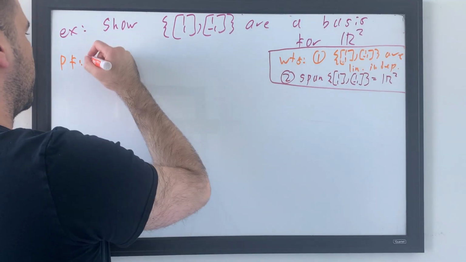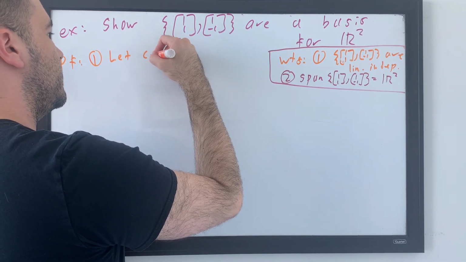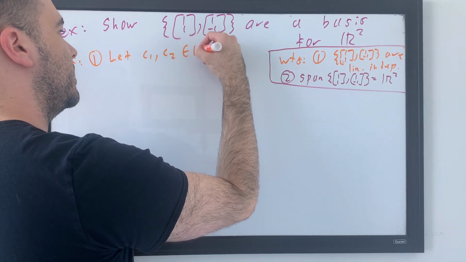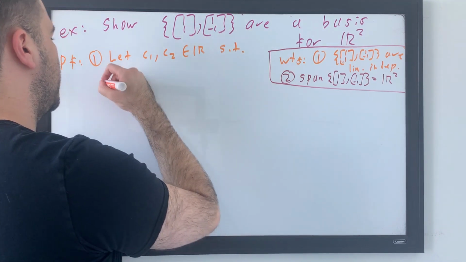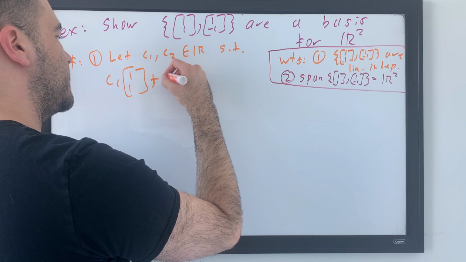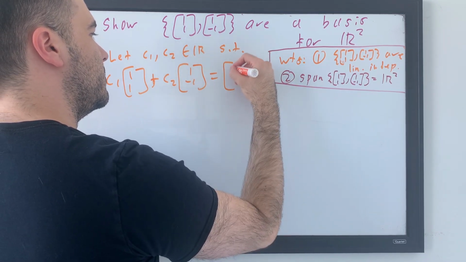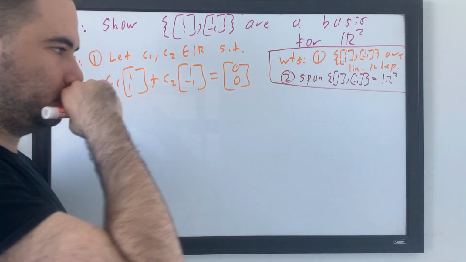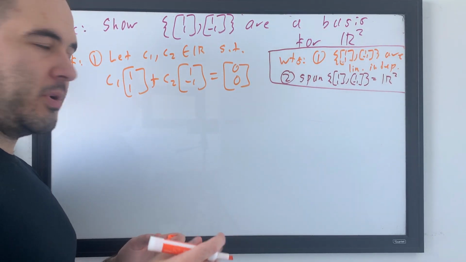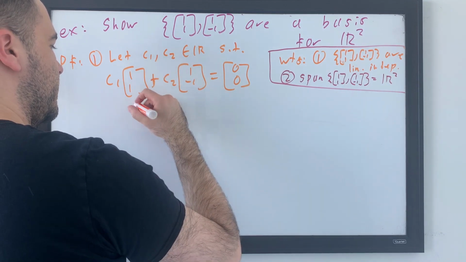So proof. We're going to prove the first one. So we're going to say let C1, C2 be real numbers such that C1 times the first vector plus C2 times the second vector is equal to the zero vector. So before in part 3 we talked about how to solve these. We're going to combine the top and the bottom into their own equations.